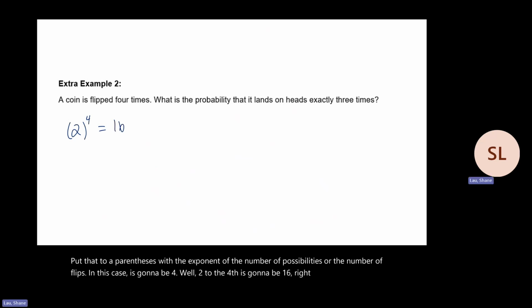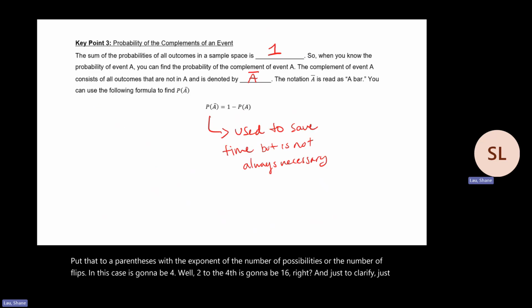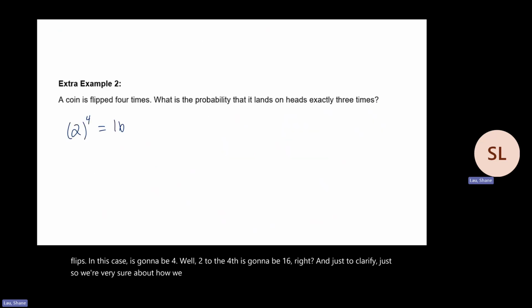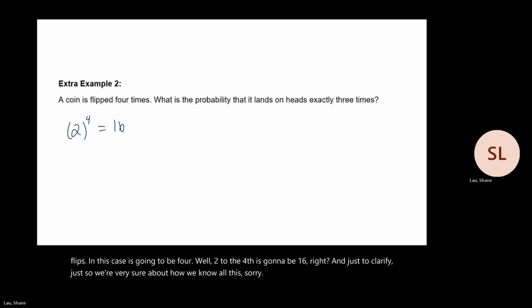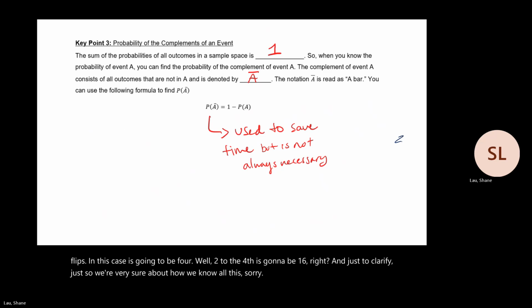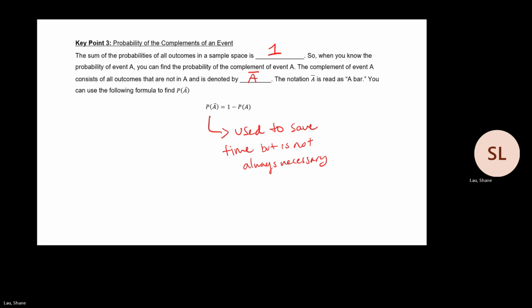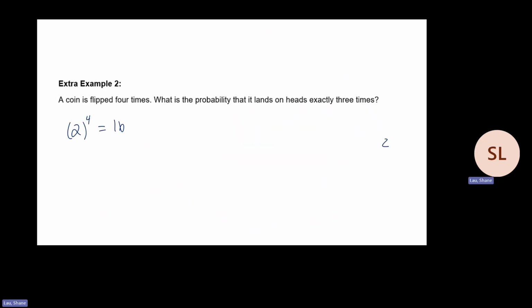And just to clarify, just so we're very sure about how we know all this, sorry. The board is not cooperating with me. Hello, board, please. It's not working with me. Okay. Be really cooperative today. Oh, board, why is the board not working?